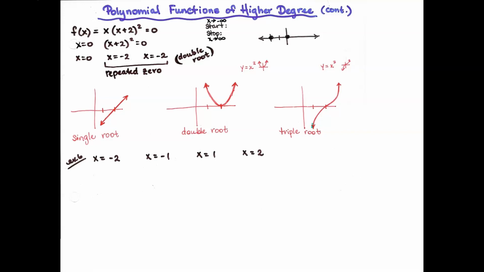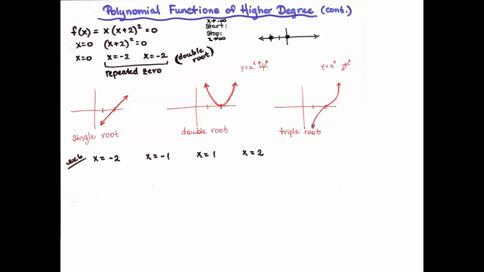So think about y equals x squared. That's one of our toolkit functions, right? It looks like a parabola, right? It turns at 0. So that's an easy way to remember that if I solved this, I would get x equals 0, x equals 0. I'd get 2 solutions at 0. That's why it turns at 0. So that helps me remember if I have a double root, it's going to turn there.